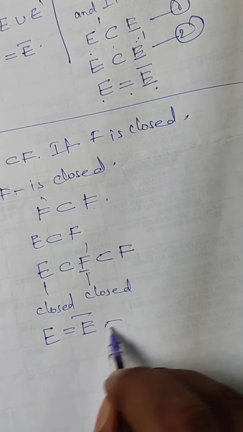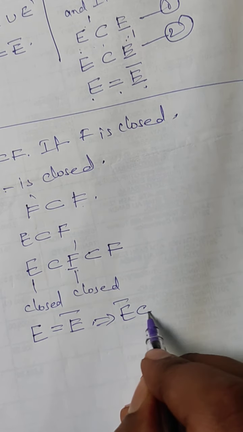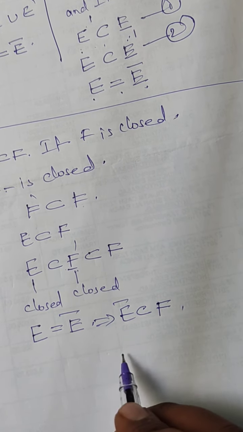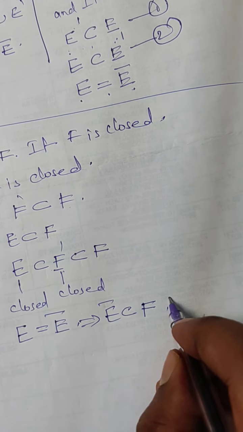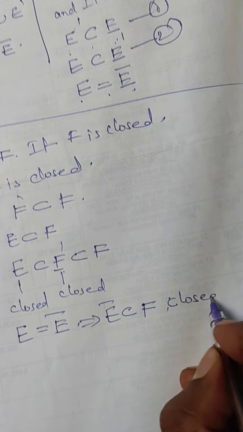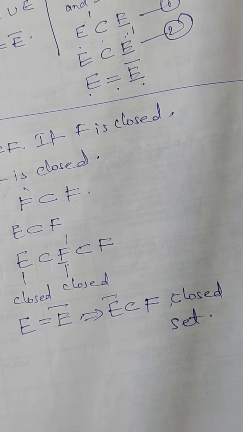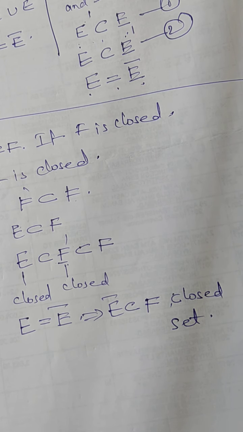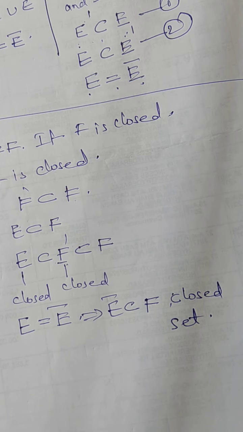And this implies that E closure is a subset of the closed set F. For systematic procedural steps, you can follow your textbook. I'm just giving the brief analogy behind it, and if you want, you can add some more concepts like neighborhoods.